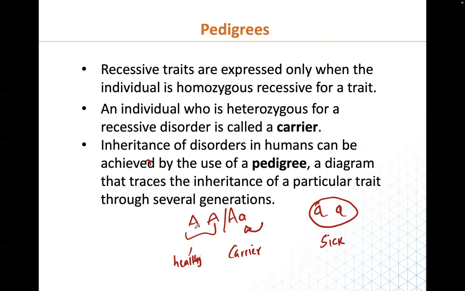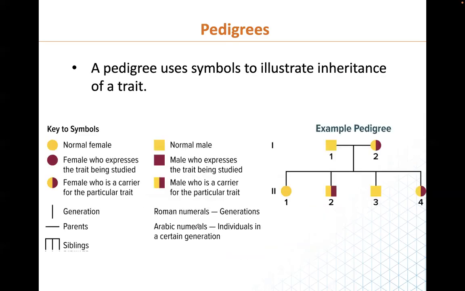So inheritance of disorders in humans can be studied by the use of a pedigree. The pedigree is a diagram that helps to trace the inheritance of a particular trait through several generations. Now let's take a look at the pedigree we have here. A pedigree uses symbols to illustrate inheritance of a trait. In every pedigree, we usually have the female represented by a circle.